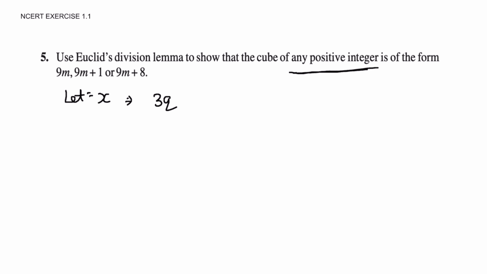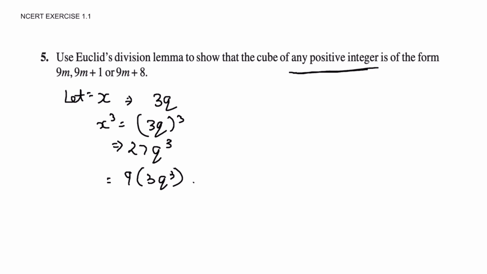If I want to take a cube of it, I will take x cube equals to 3q cube. This comes out to be 27q cube. Now I can write 27q cube as 9 times 3q cube. Now if I point out 3q cube to be m, then this becomes 9m. So we have satisfied the first part of it.